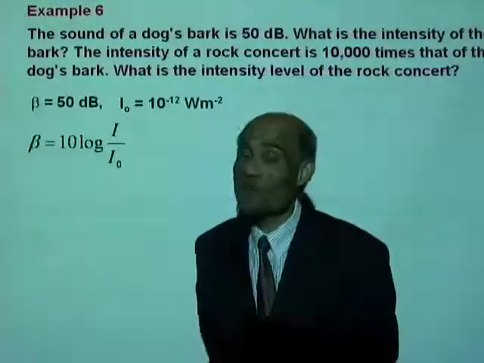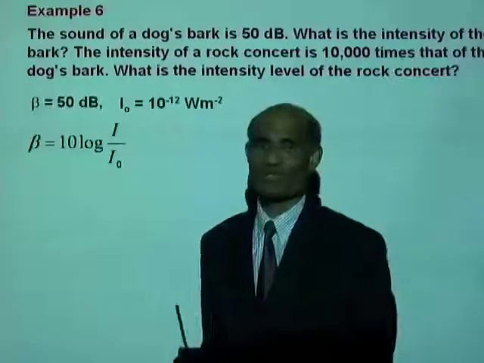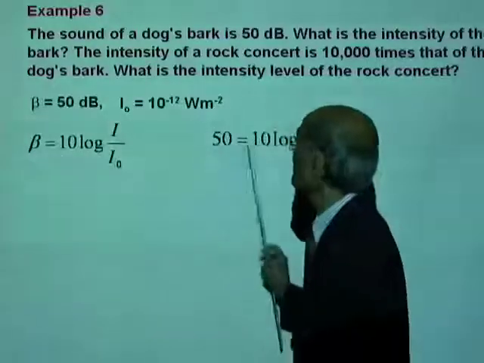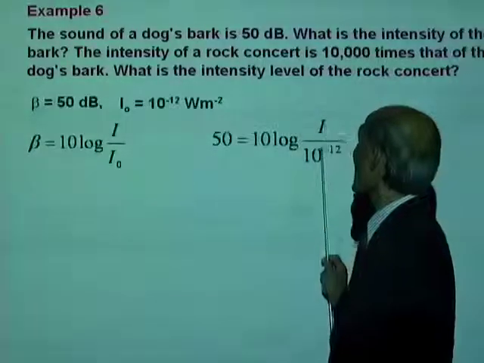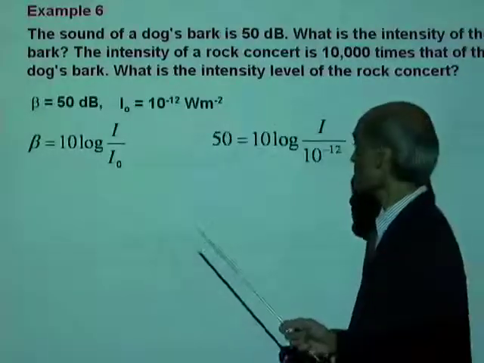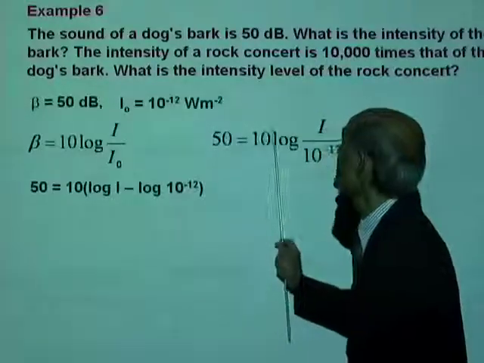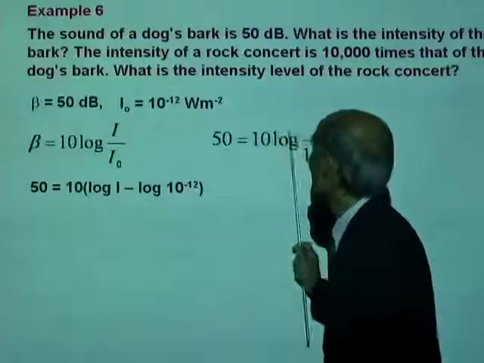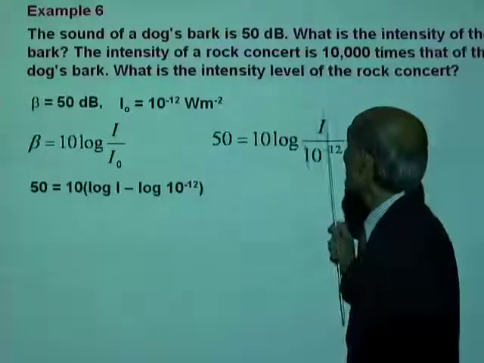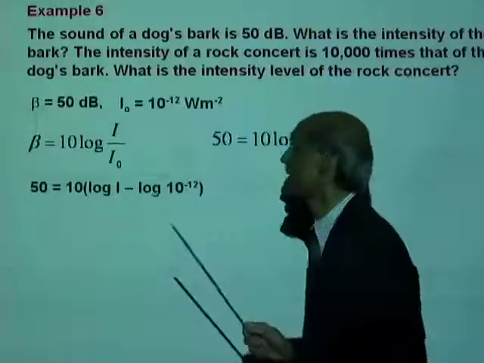Well, if you know how to solve a logarithmic equation, which you do in your college algebra, okay, let's do it. 50 equal to 10 log I over 10 to the power of negative 12. Now, what I'm doing here is I kept the 10 outside and used the properties of logarithm. That will be log of I minus log of 10 to the negative 12.